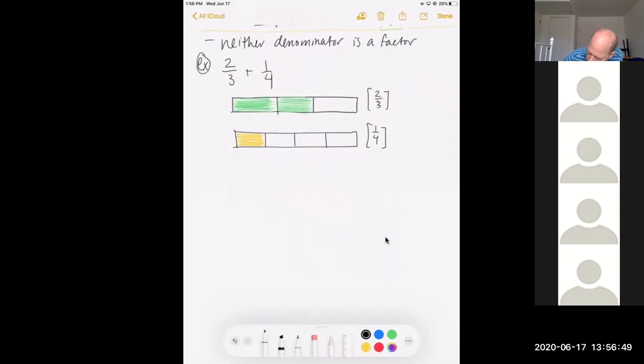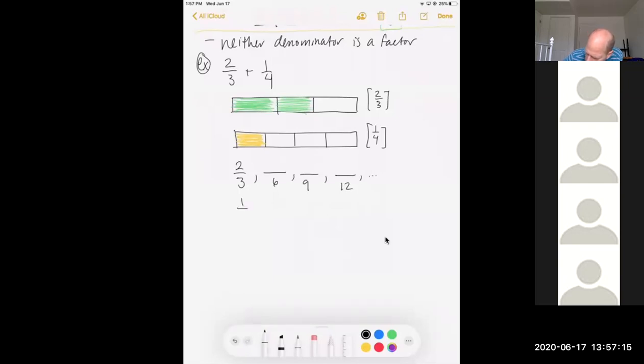So what they do is they say, okay, 2/3 is one fraction. I'm going to multiply the denominator by 2 to get 6. When I subdivide the denominator into 2 parts, I get 6. When I subdivide into 3 parts, you get 9ths, and 12ths if I subdivide into 4 parts, and so on.